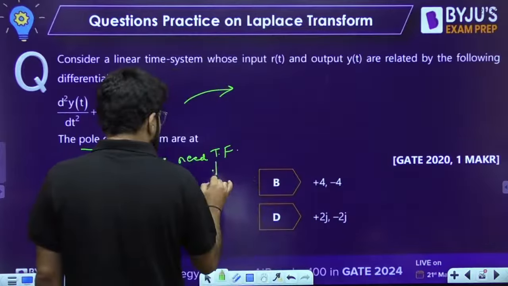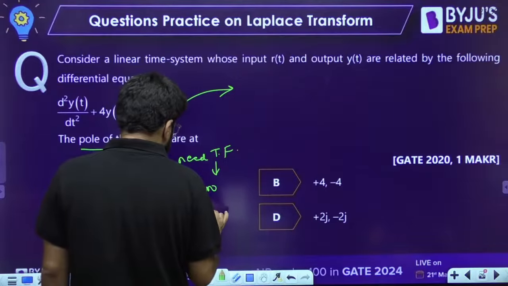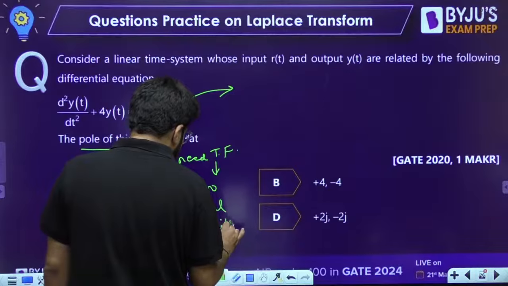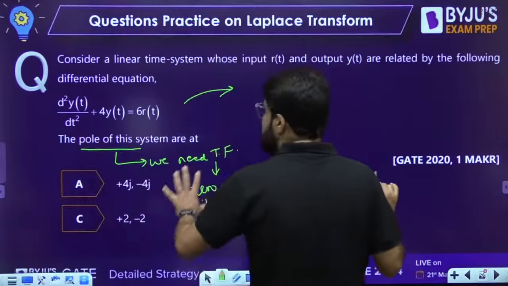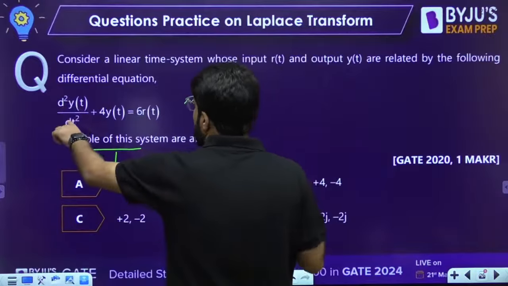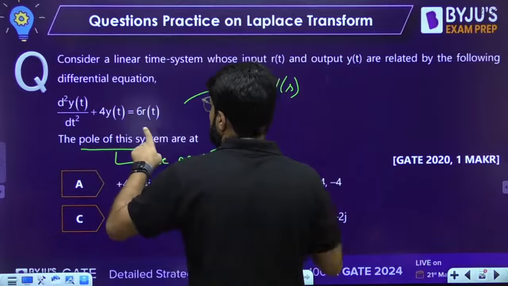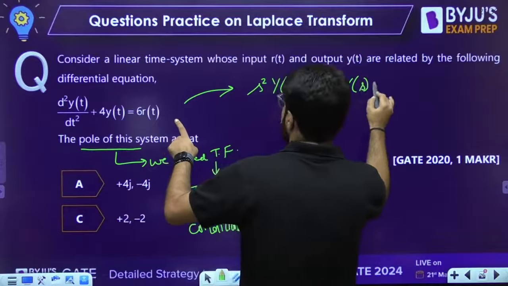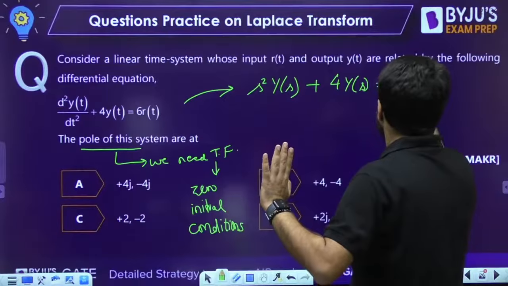And for the transfer function, of course, we assume zero initial conditions, because transfer functions are only defined for an initially relaxed system. Because of the zero initial conditions, the Laplace transform of d2y by dt square will be s square Y(s), plus 4y(t) will have the Laplace transform 4Y(s), equal to 6R(s).